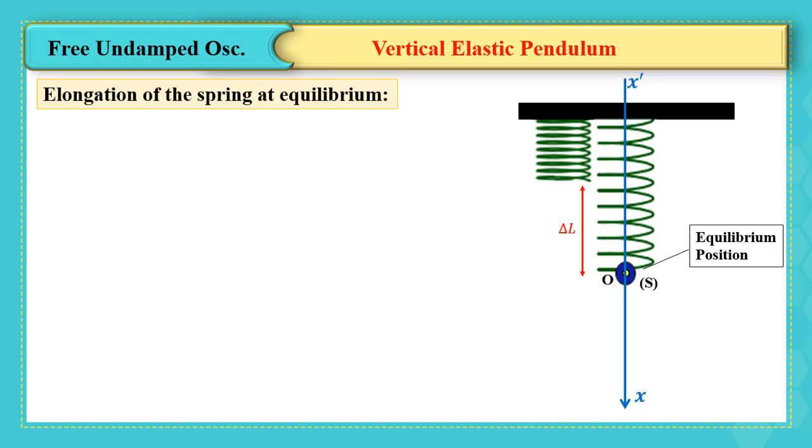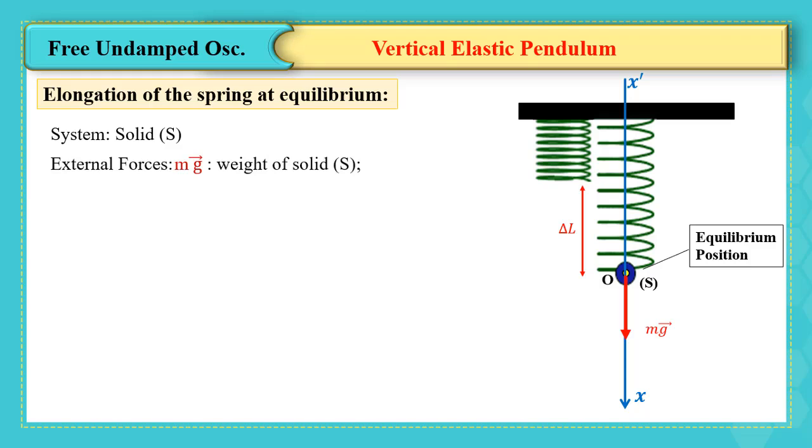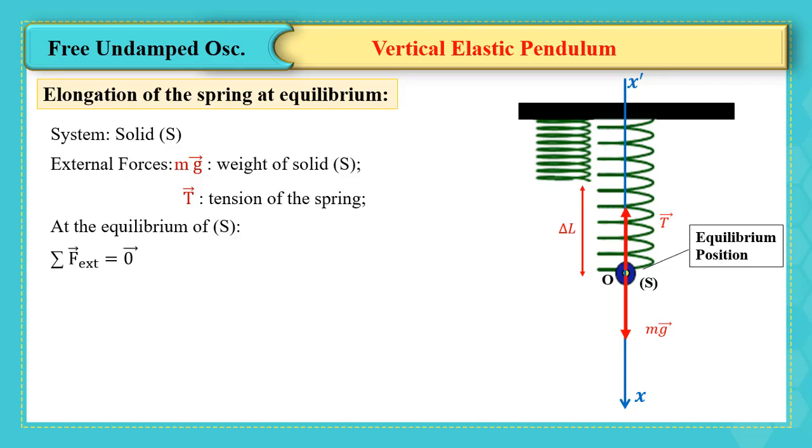We aim to start the study from the equilibrium position and find the elongation of the spring delta L at this position. As usual, first we should define the system, which is solid S. What are the external forces acting on it? We have weight, mg, which is vertically downward, and the tension of the spring, which is upward since it's a restoring force. At equilibrium, we can start with sum of forces equals 0. Thus, mg vector plus T vector equals 0.